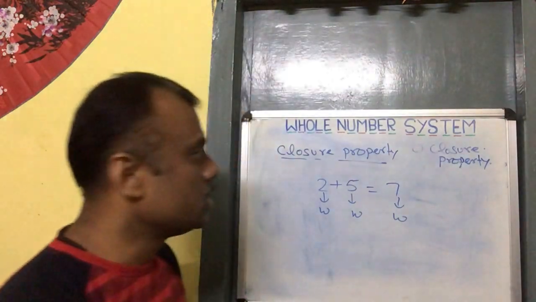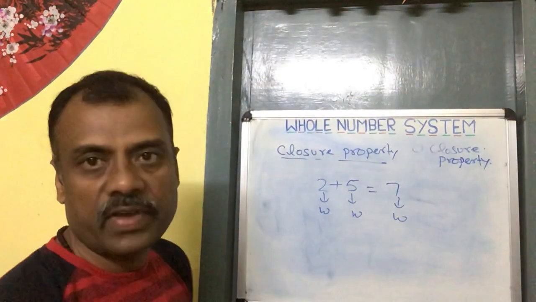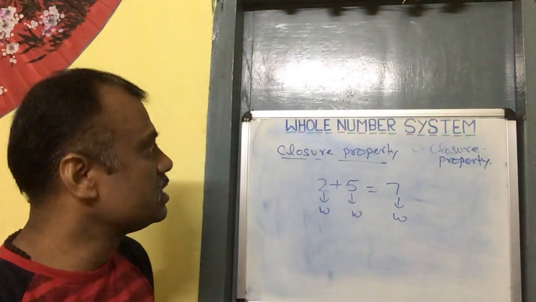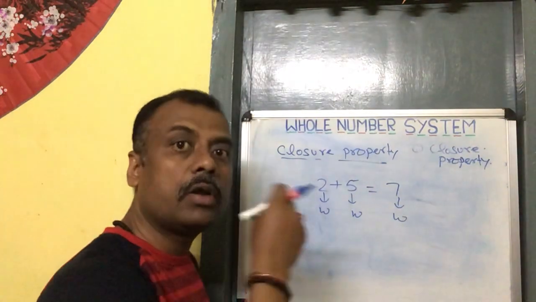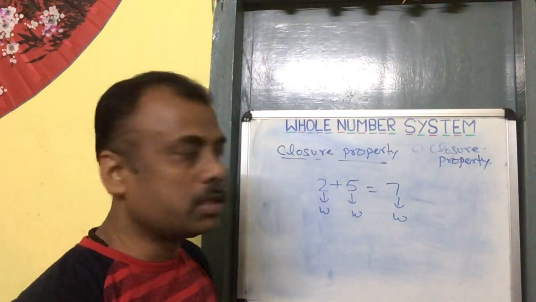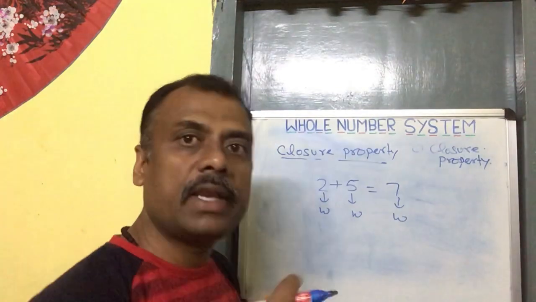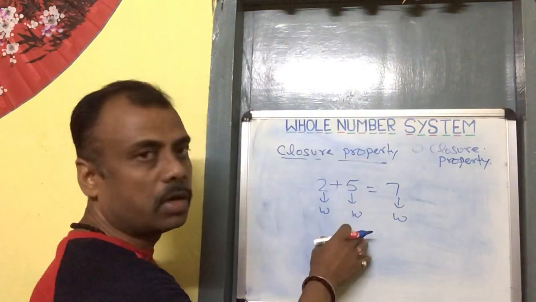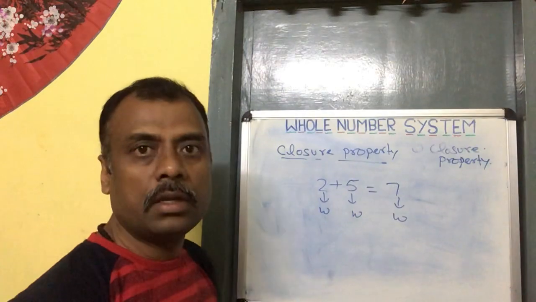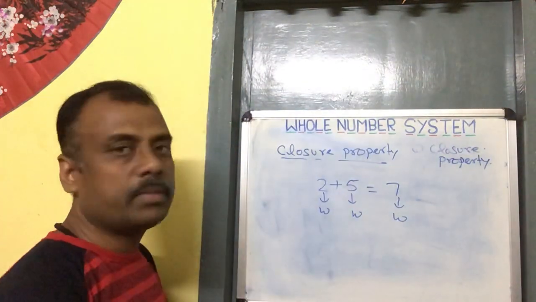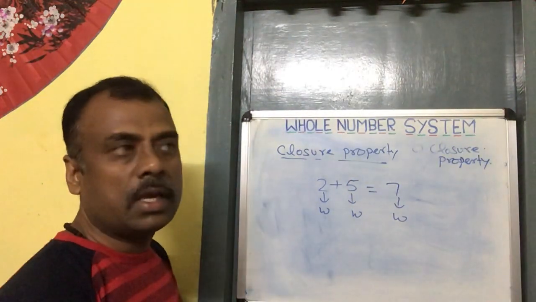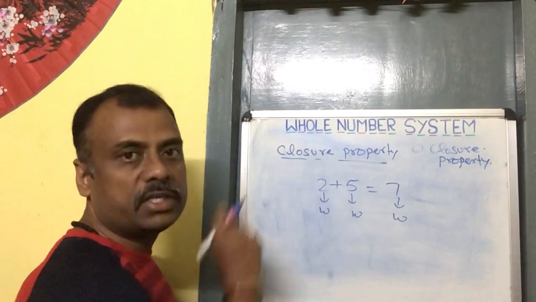That means the answer is in the same family. So it is true for every whole number: you can take any two whole numbers, and if you add them you will get a whole number. That means the whole numbers are closed under addition.